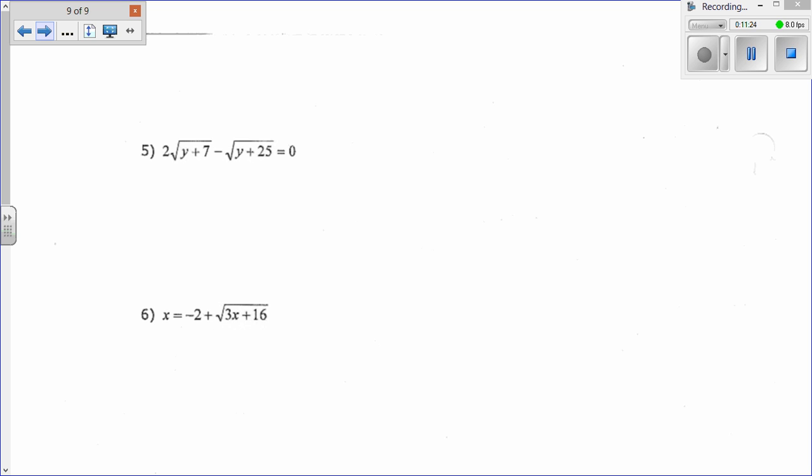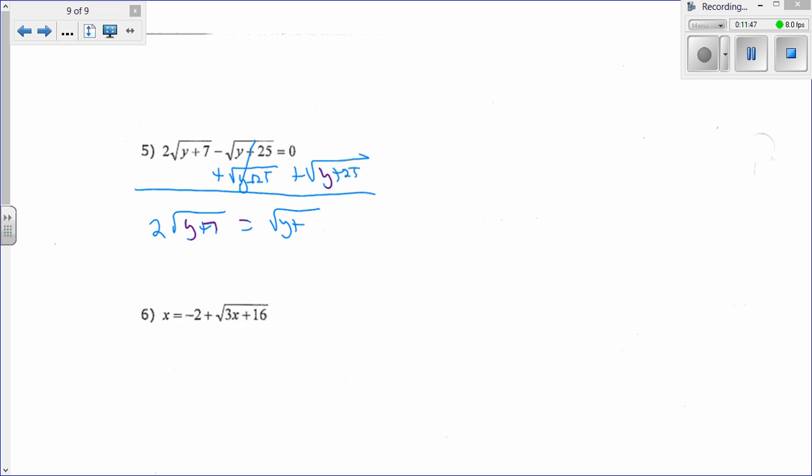So I'm just going to add the radical y plus 25 to both sides. So I have 2 radical y plus 7 equals a radical y plus 25.